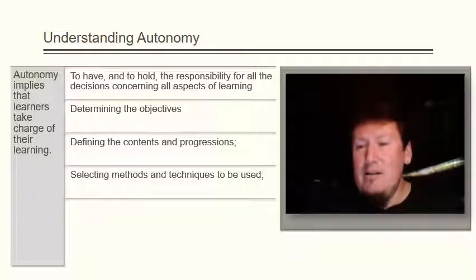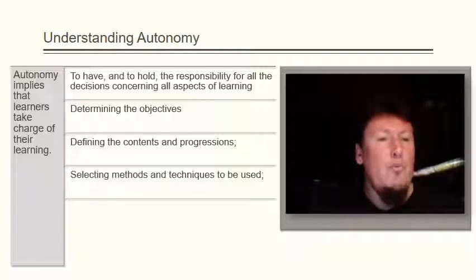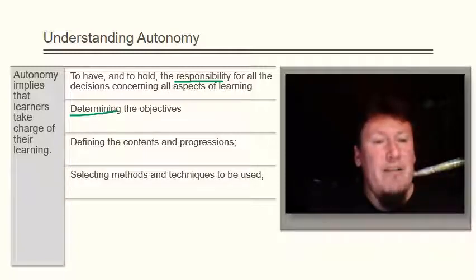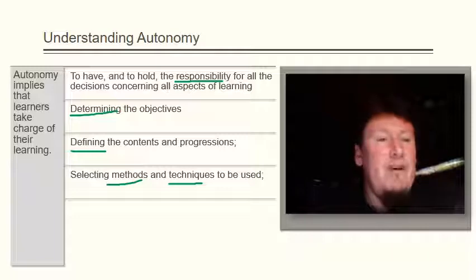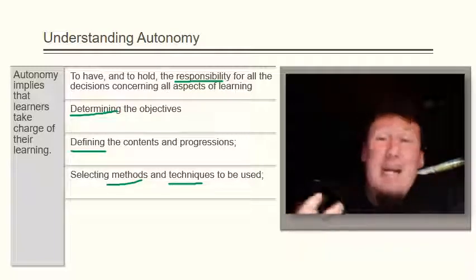So let's see here. We've gone through the first one, which is responsibility, determining the objectives, defining content, techniques, and methods. Right? So those are some of the aspects of learner autonomy, or autonomy in essence.